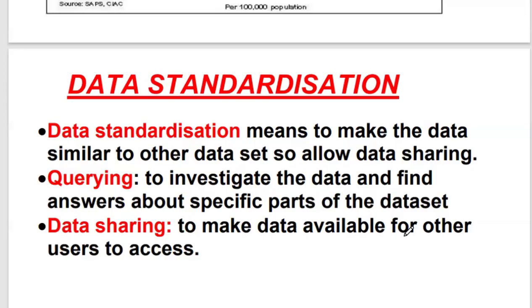Whichever map you take, you are able to interpret it because we are making the data similar right across. That is standardization. And also that allows for data sharing. We can get to interpret a map which has been shared by a colleague from a different geographical space. We are able to share because the data is similar. That is data standardization.